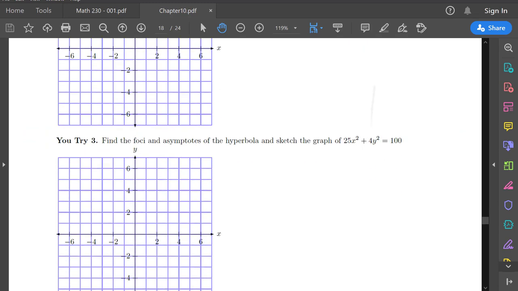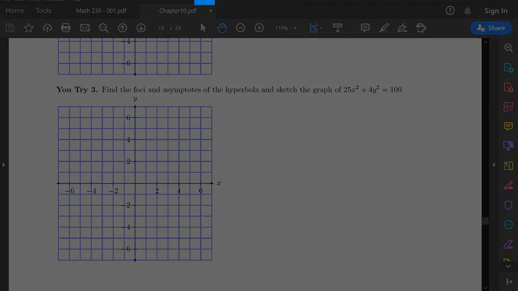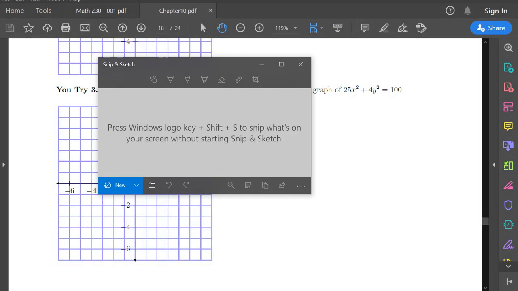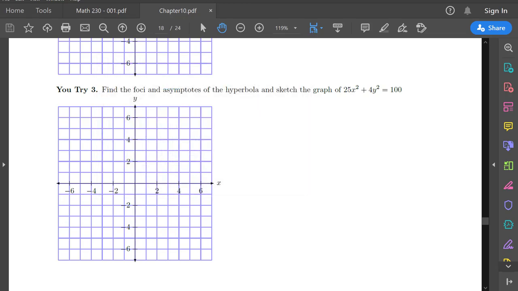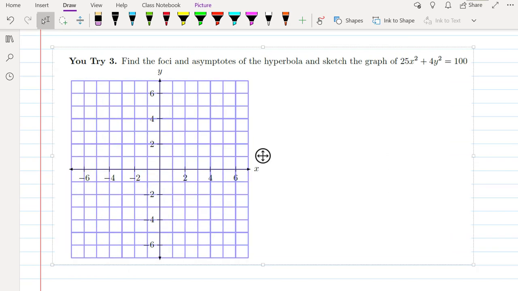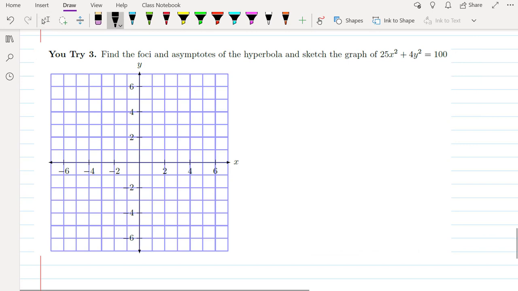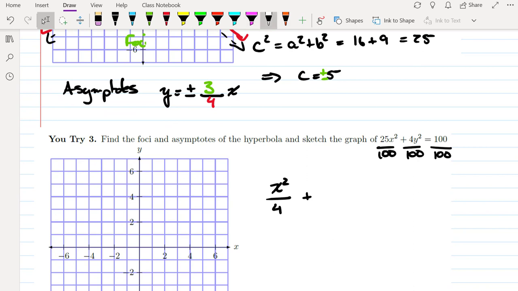All right, it's your turn. Once again, we need to get 1 on one side, so we divide by 100, and that gives us x squared over 4 plus, and I have a typo, I just saw that.